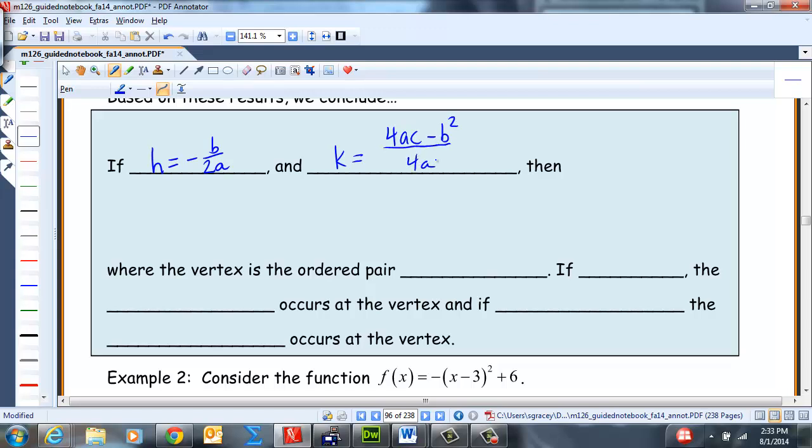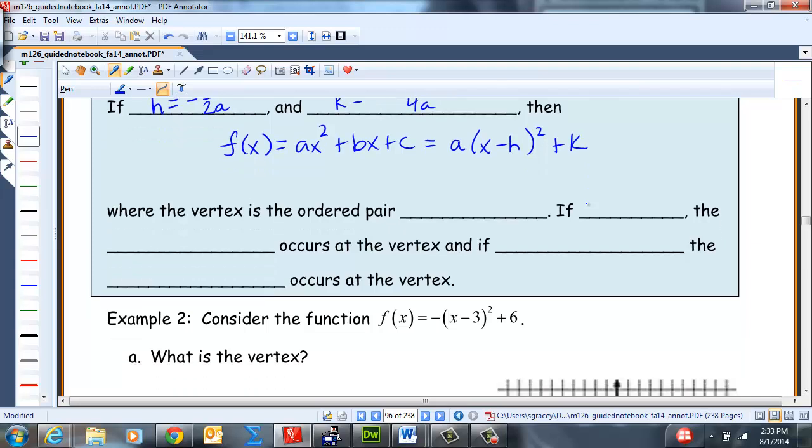Then what we have is this other format. f of x equal to, this is the original format we were working with, but that is equivalent to a times the quantity x minus h, squared, plus k, which you've seen before.